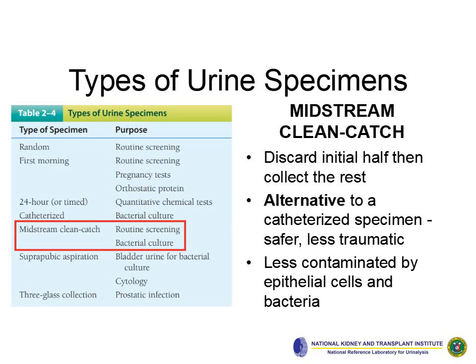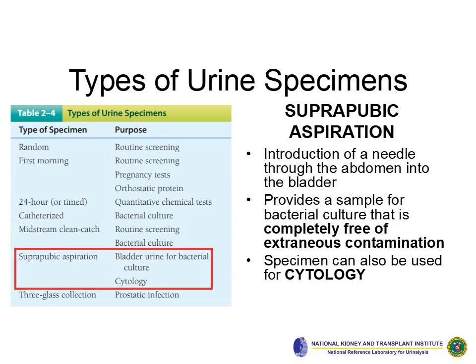The midstream clean catch specimen is an alternative to the catheterized specimen. It provides a safer, less traumatic method for obtaining urine and is less contaminated by epithelial cells and bacteria. The suprapubic aspiration is an invasive procedure.